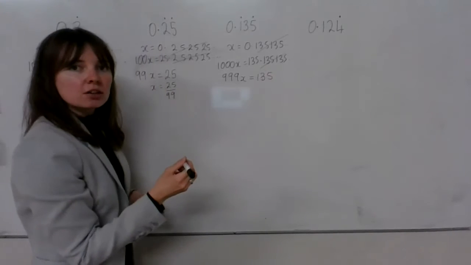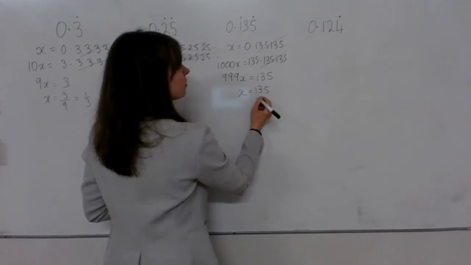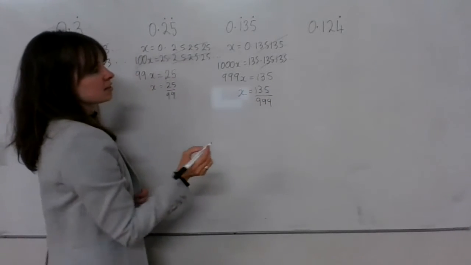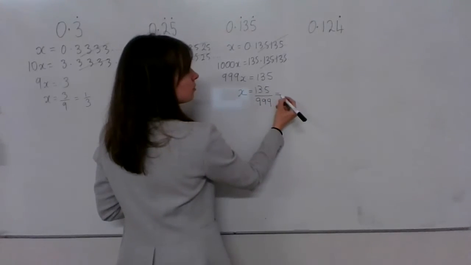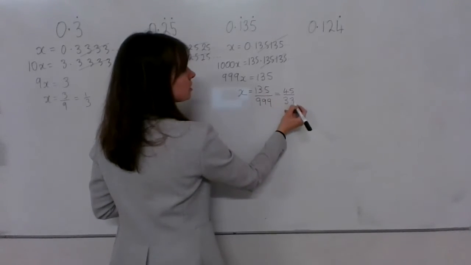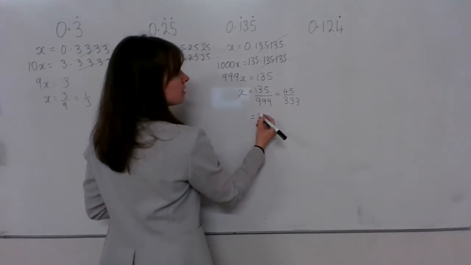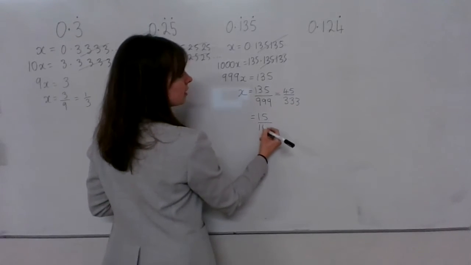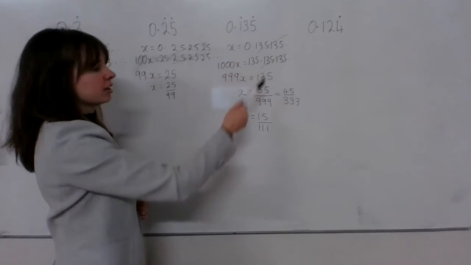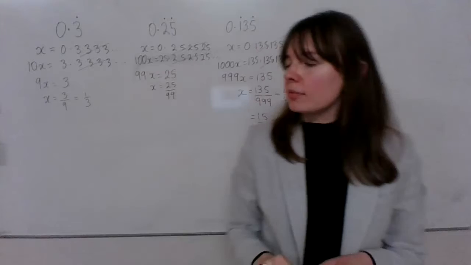From there, we can solve for x. So x equals 135 divided by 999. That cancels down. We can divide by 3 to get 45 over 333. And we can cancel down dividing by 3 again to get 15 over 111. So 0.135 recurring equals 15 over 111.